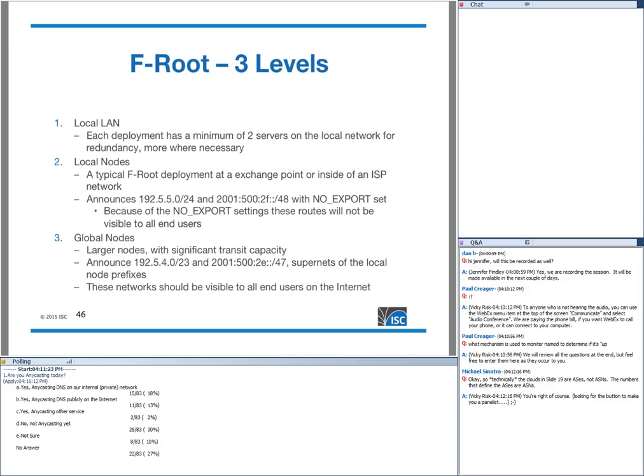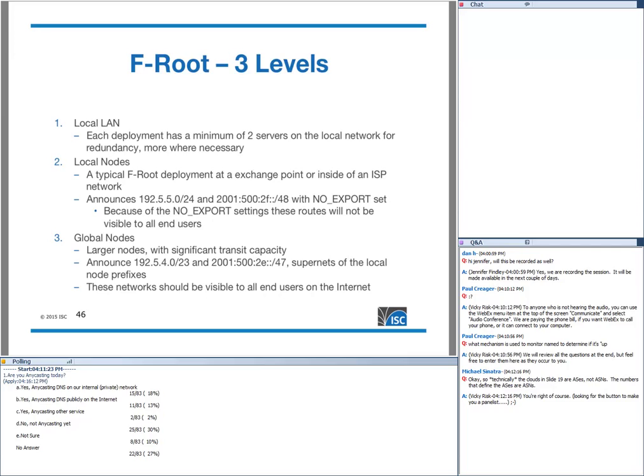What these sites do is they announce a /23 for IPv4 and a /47 for IPv6. And the F-Root service addresses are within those covering prefixes. From the global site, we announce this prefix globally. So everyone that has a global routing table should see the /23 and the /47.